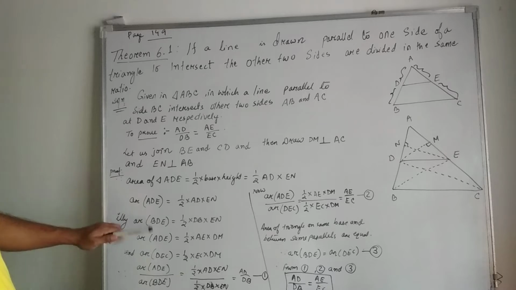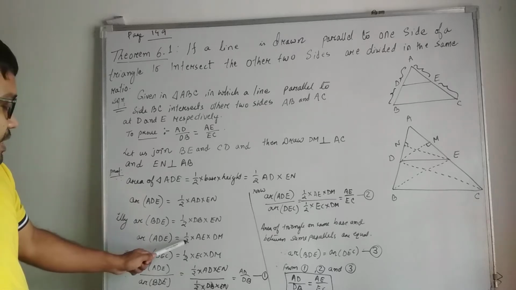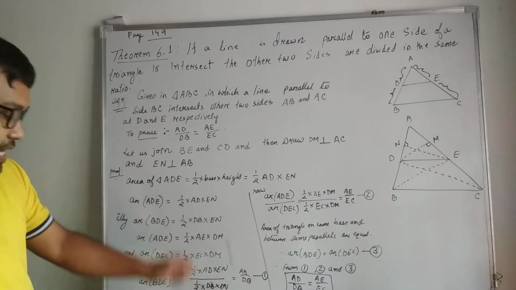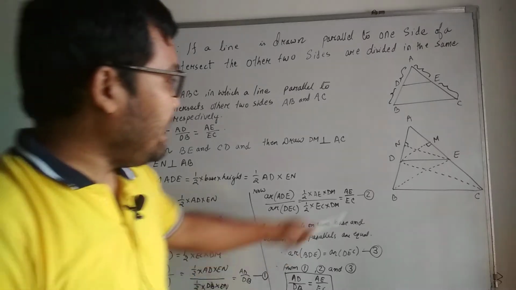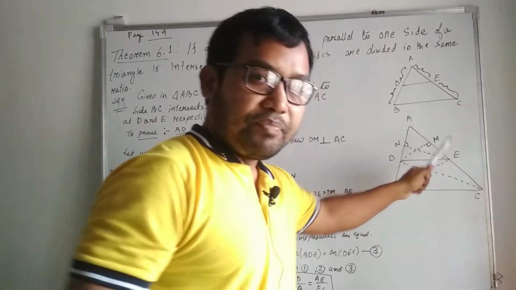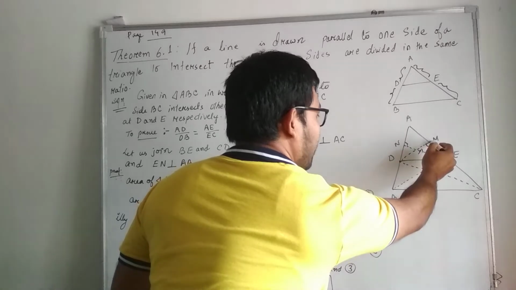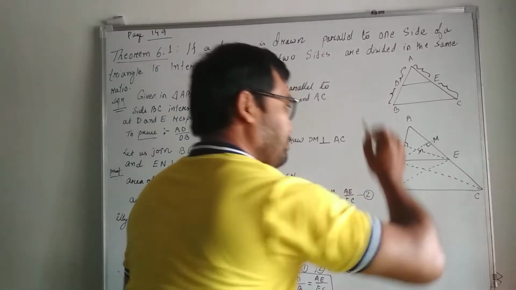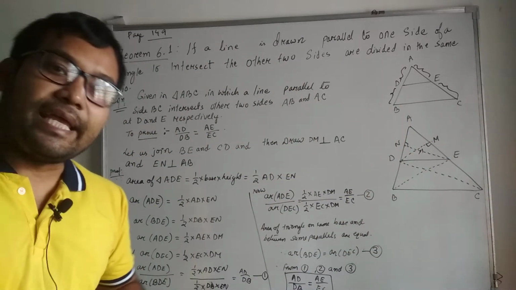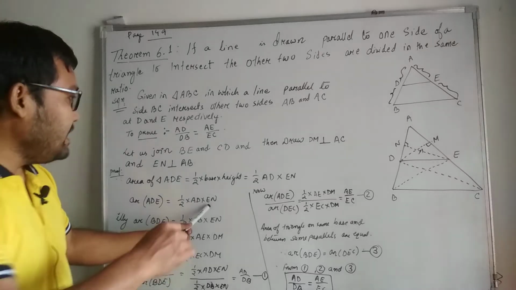Secondly, area of ADE is equal to half into AE into DM. Now, if you observe triangle ADE, we have two perpendiculars. One is EN, and the other one, DM, is also a perpendicular in ADE. So we can take any one of these. Firstly, EN was already taken.